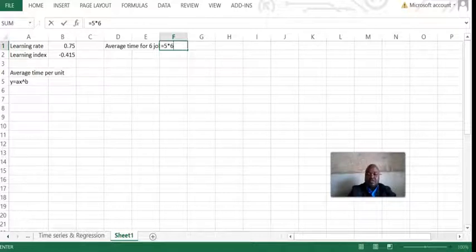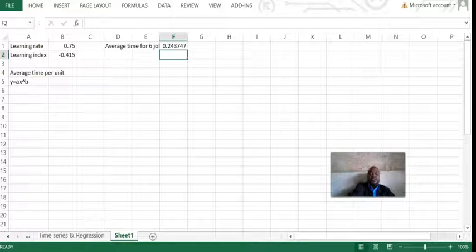We can as well use brackets, but it doesn't matter anyway. All to the power. We know that our b is the learning index. This one. We should get our answer there.